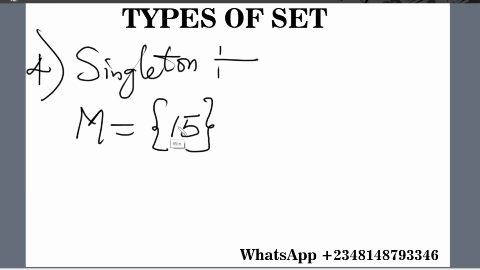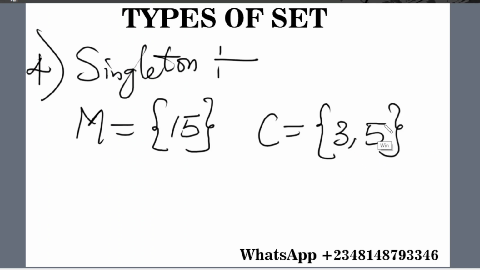So we just have one element inside this bracket. So this makes it a singleton. If C equals 3, 5, this is not a singleton because we have two elements inside the bracket. So this is not a singleton, but this is a singleton.